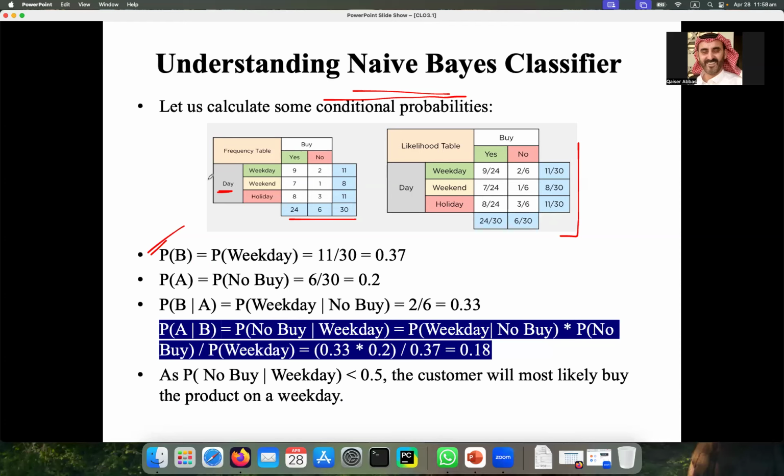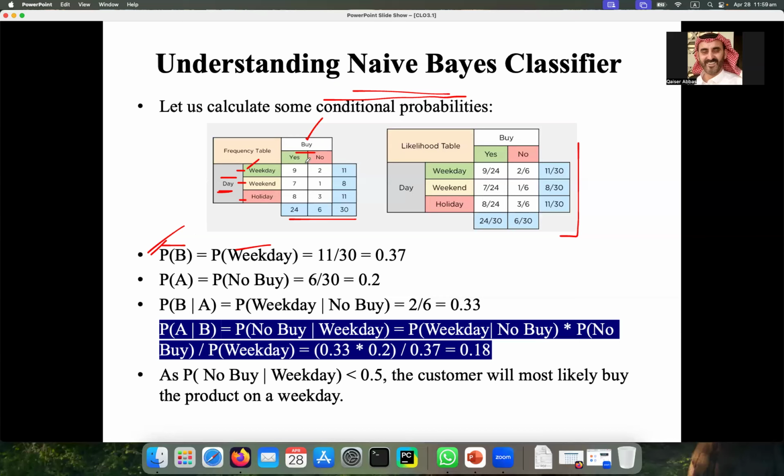Here we are doing this only for one table, and we are taking the first value, weekday. Day has three values. These three values are the values of this day table. And yes and no are the two values of this purchase or buy table in the data set. Now what is probability of B? Probability of weekday.